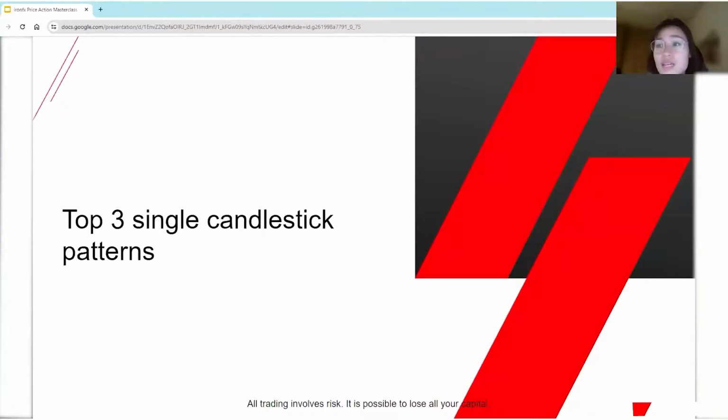It's all about understanding the market's natural behavior. And then we'll show you at the end how to combine this natural price action with our indicators so that we get a greater understanding of the direction of price.